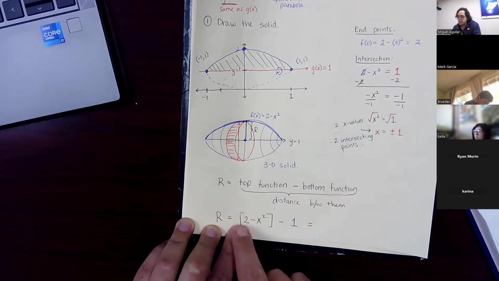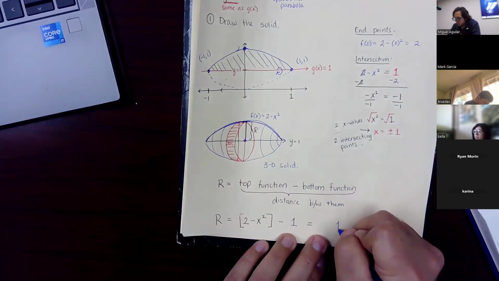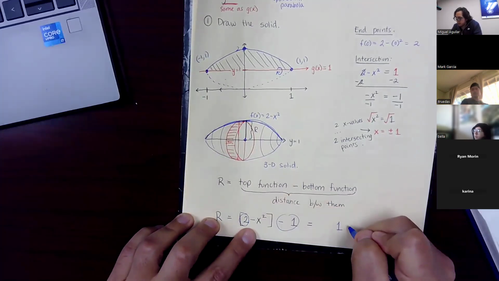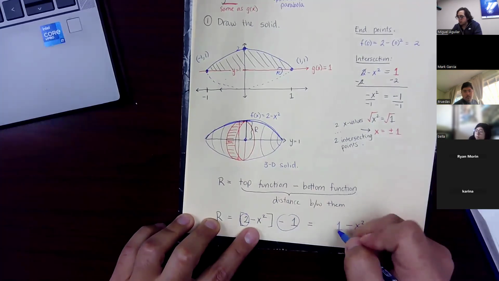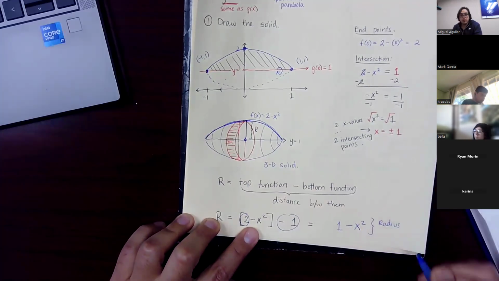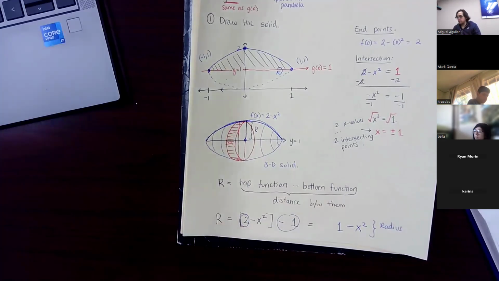So we could drop the brackets and say, okay, 2 minus 1 is just going to be 1, and it's still going to be minus x squared. Okay, so that's going to represent the radius of this volume. Any questions, comments about figuring out that radius?